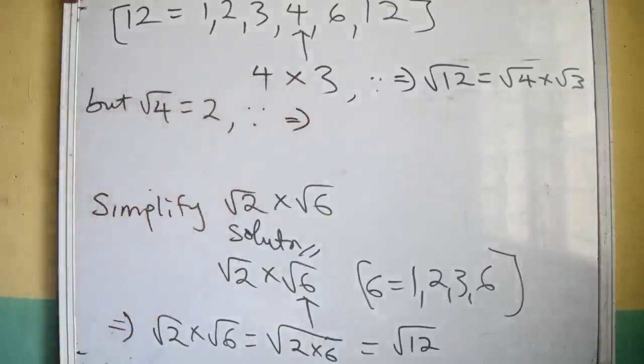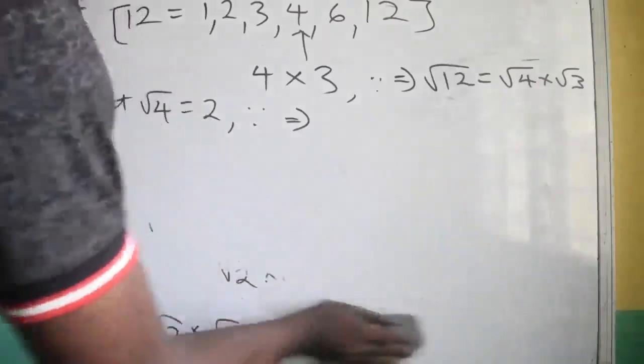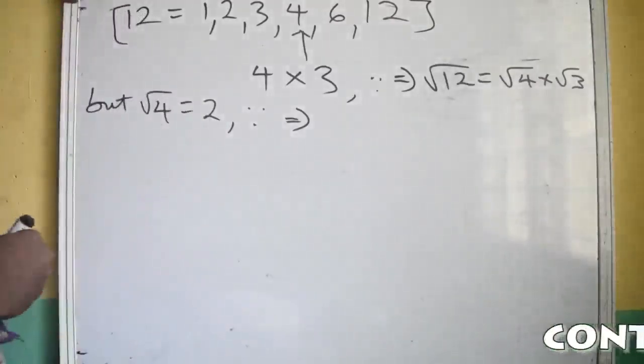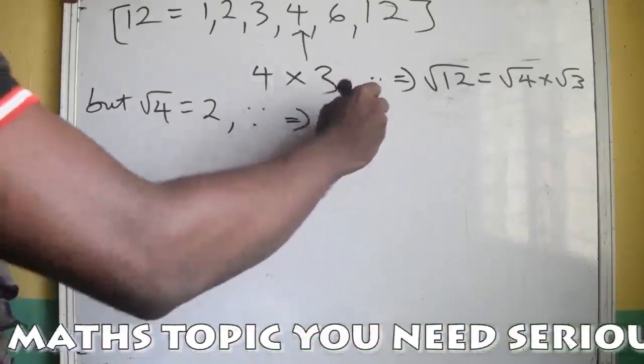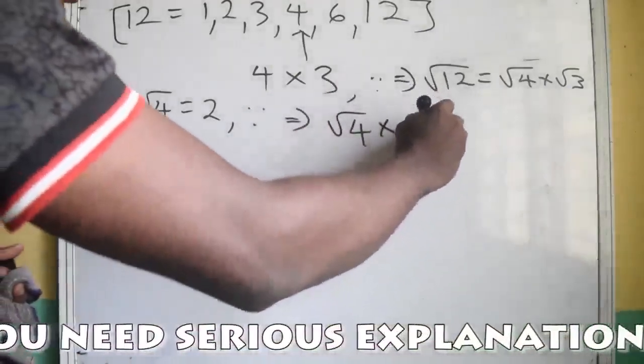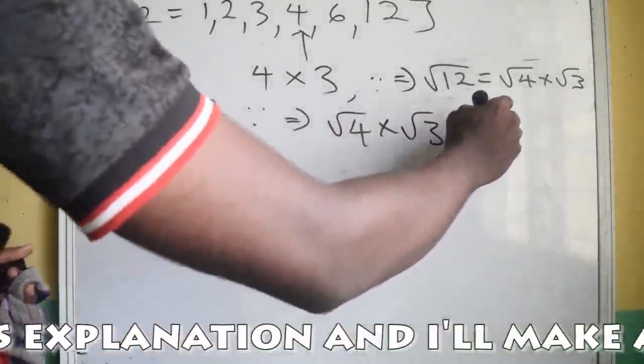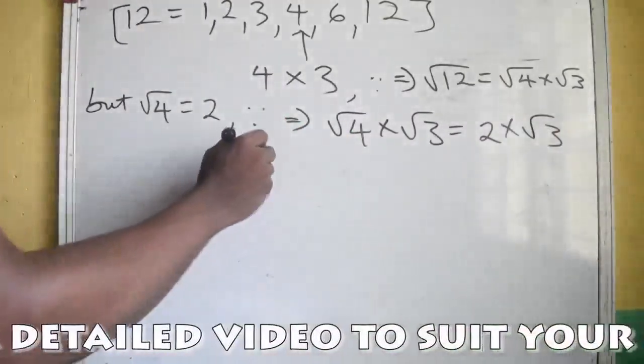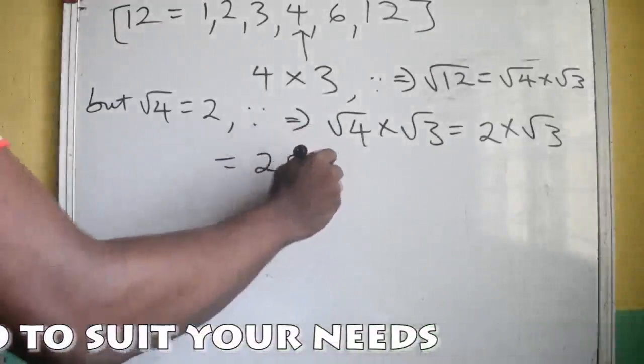Let me clean this up, I don't want to confuse you. The whole thing implies that root of 4 multiplied by root of 3 will be the same thing as 2 multiplied by root of 3. So in this regard, it will be 2 root 3.